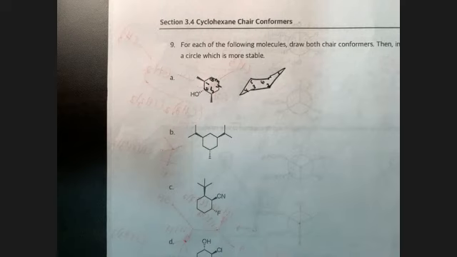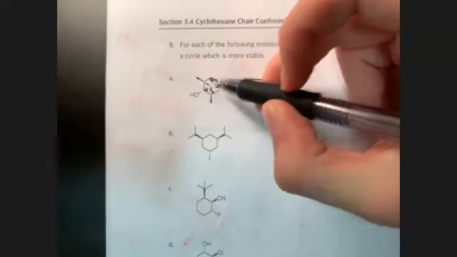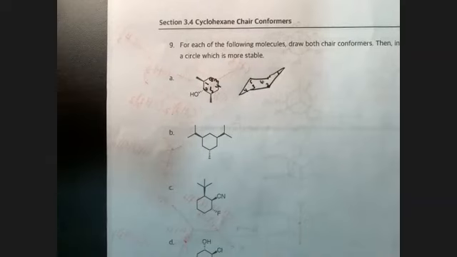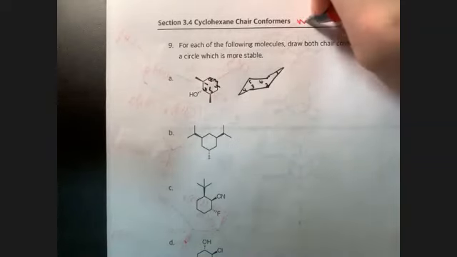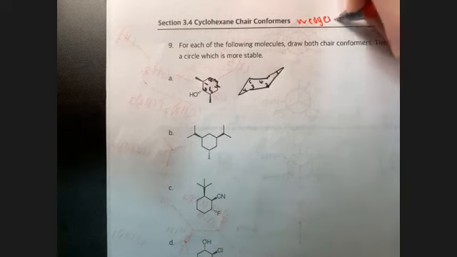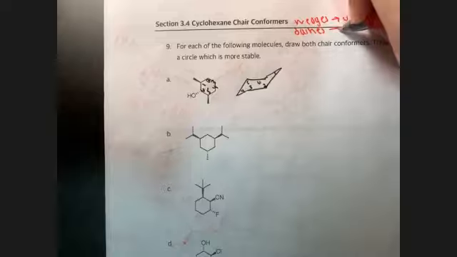Okay, so the next thing you want to do is look at the stereochemistry. And when I say stereochemistry, I basically just mean wedge or dash. You want to look at the stereochemistry of the substituent and see if it matches our trend. And remember, we said that wedges like to be up and dashes like to be down.